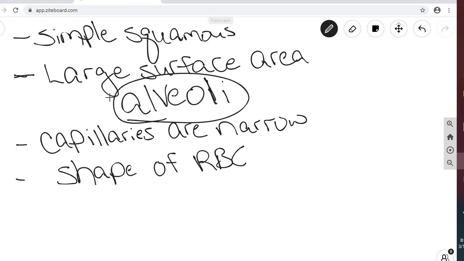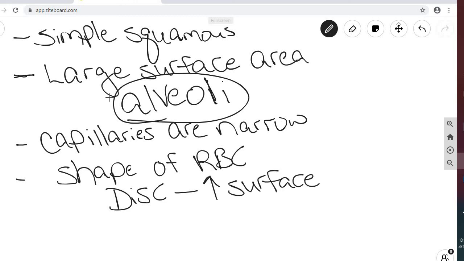It's shaped like a disc, and that also increases the surface area for oxygen and carbon dioxide to move across between the alveoli and the capillaries.